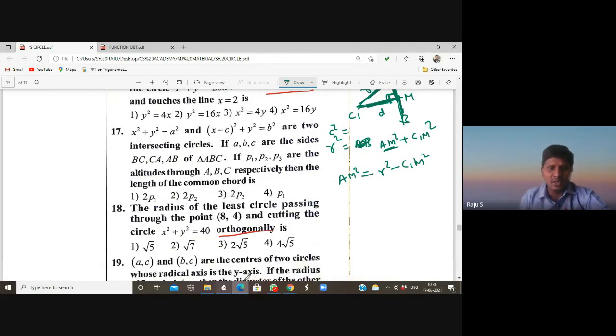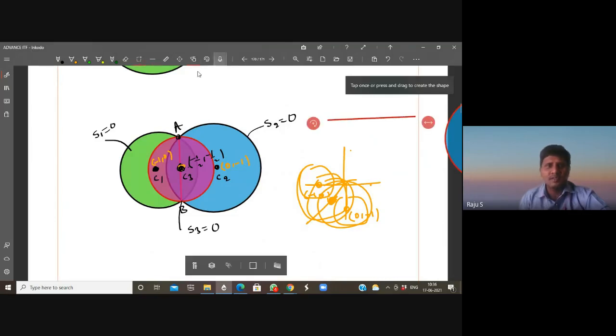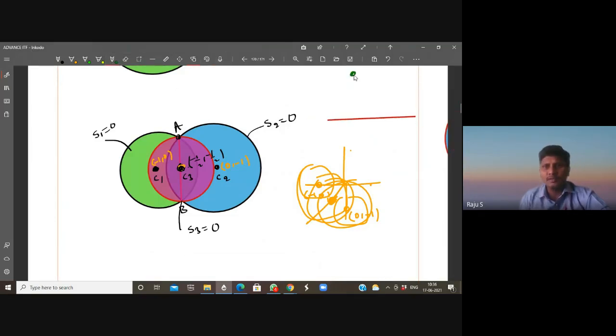Students, you know the perpendicular distance formula. When one line equation is given, ax plus by plus c is equal to 0, and when they give one point x1, y1, what is the perpendicular distance formula? I'm taking this perpendicular distance from this point as d. So d is equal to modulus of ax1 plus by1 plus c by root over a square plus b square.